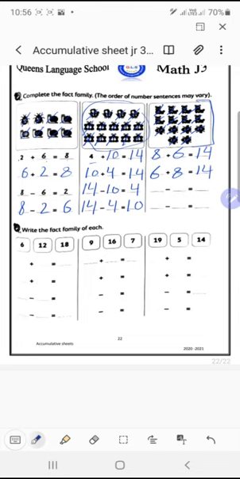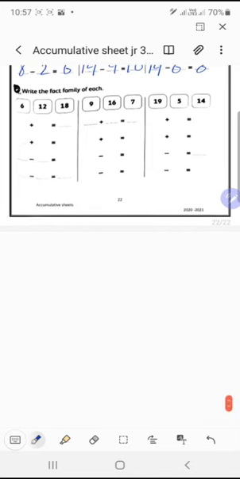Here at the minus, we will put the greatest number, which is 14, before the minus sign. One time, we put 14 minus 8 and we will get 6. The other time we will say 14 minus 6, and we will get 8. It's a fact from the fact family, okay?